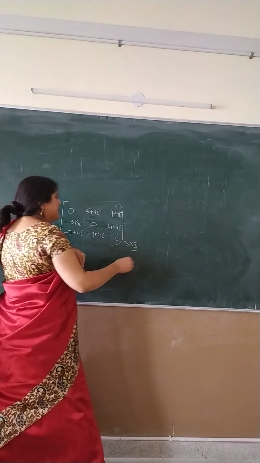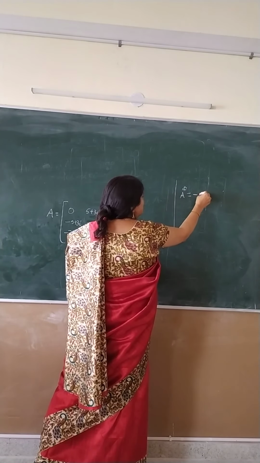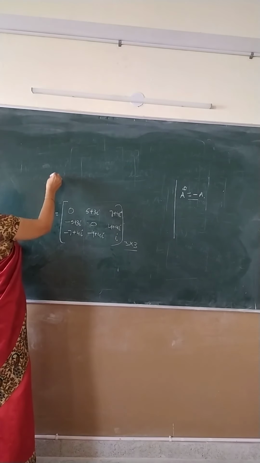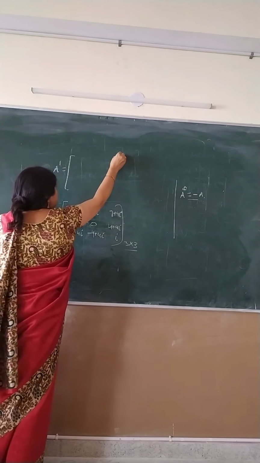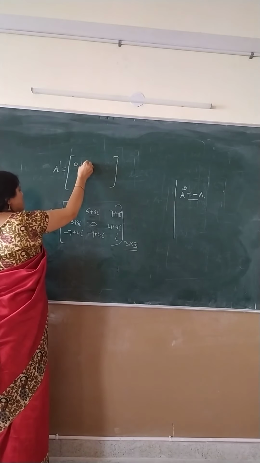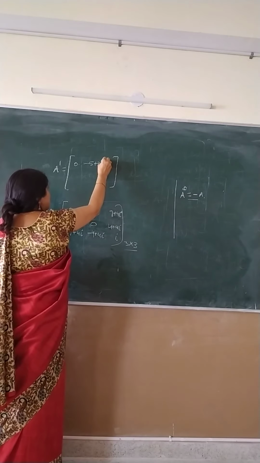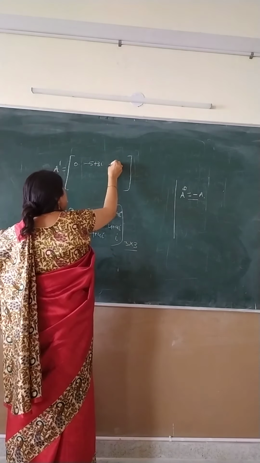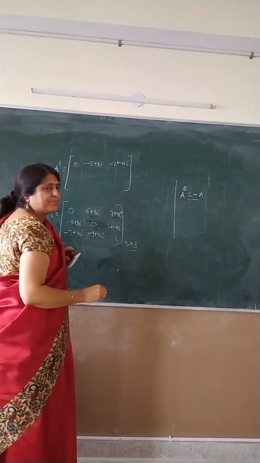For this, students, you have to find what this is equal to, minus A. It means conjugate you have to find. For this, what you have to do first of all, take transpose. Plus 4 iota, this first.